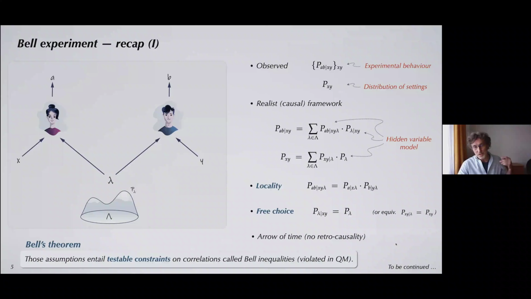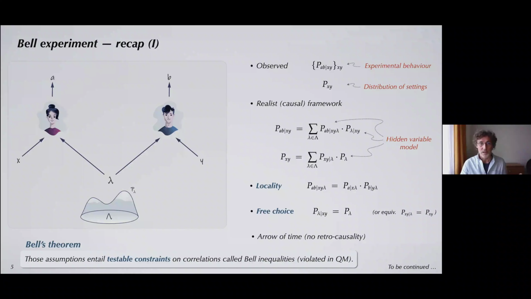That is, there's no backward-in-time causation. Then you obtain this causal diagram, which we all know. With all those three assumptions, you can derive Bell inequalities, and you can prove that those assumptions have certain testable constraints on correlations, and we know that quantum theory violates them.